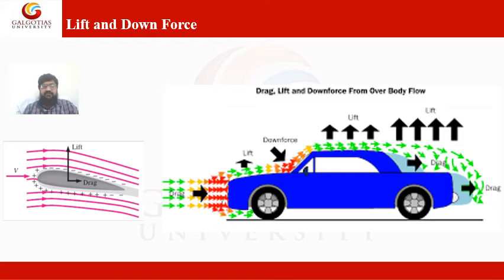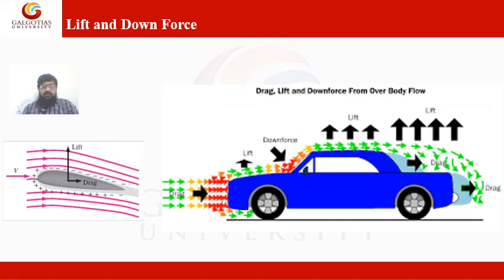You can see another picture here where the drag, lift and down force on a typical car are shown. Because of the fluid flow, the pressure difference between the rear end and front is different, which creates a pressure drag.